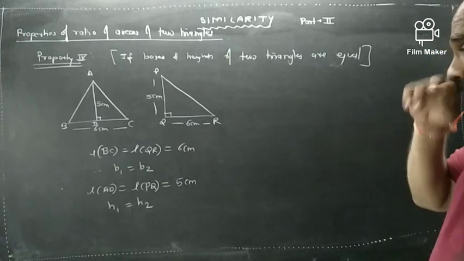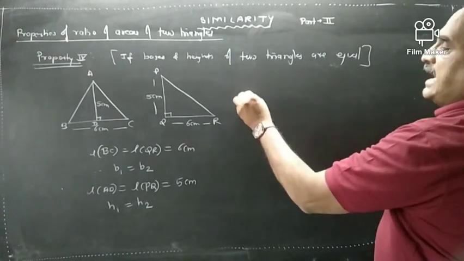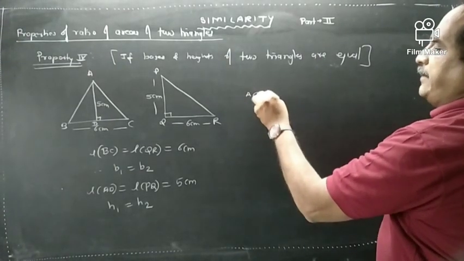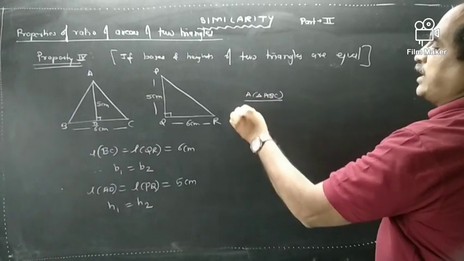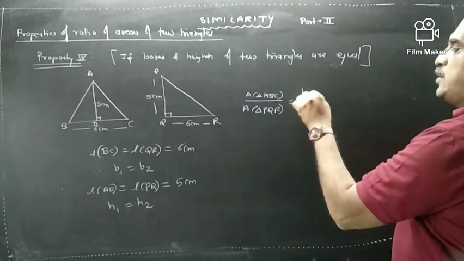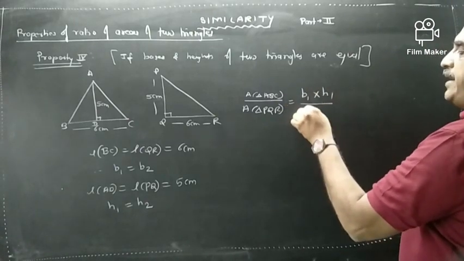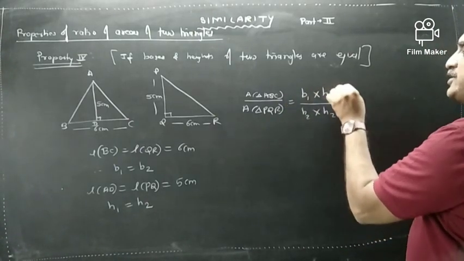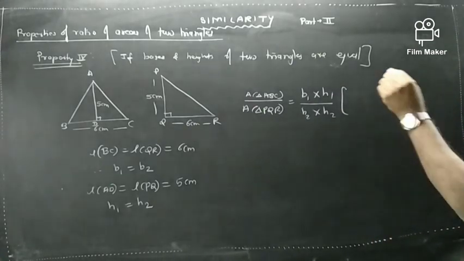As we have studied, area of triangle ABC upon area of triangle PQR is equal to B1 into H1 upon B2 into H2. The reason for it is what?